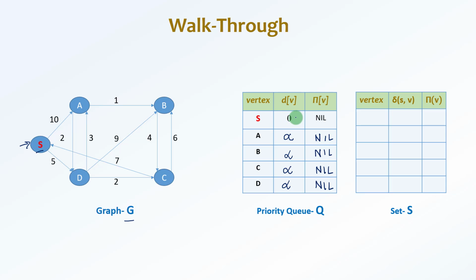Here the source vertex distance is 0. Obviously the source vertex distance is always 0, and the parent vertex is nil, and currently the distance of all the vertices from the source vertex is infinity, and the parent vertex of the current vertex is also marked as nil.